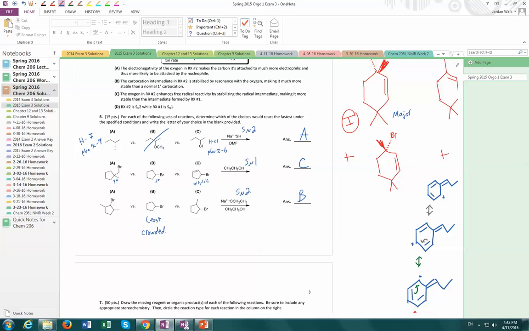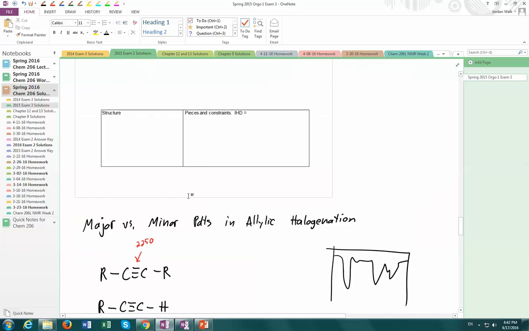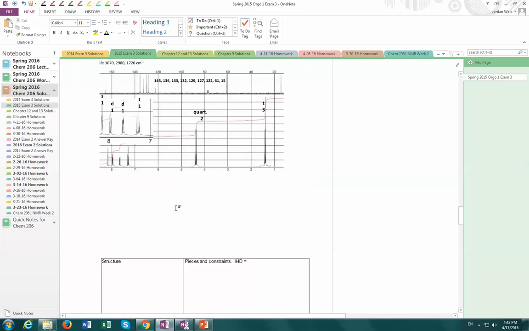Did we go over the last one on the 15 again? This one? Okay, so we've got 4 benzene protons. That tells us that we're going to have a disubstituted benzene. And so furthermore, we've got a singlet, 2 doublets, and a triplet.